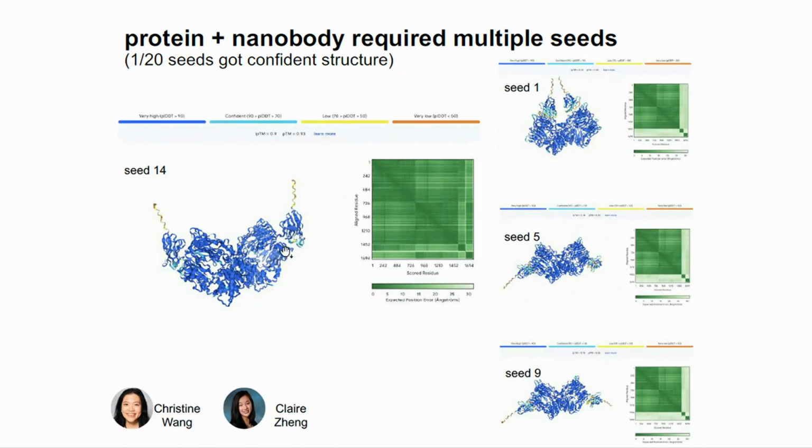And the improvement on the antibody and nanobody is seen only if you apply a lot of random seeds. If you sample more times, the success rate of predicting the right interaction pattern also increases.